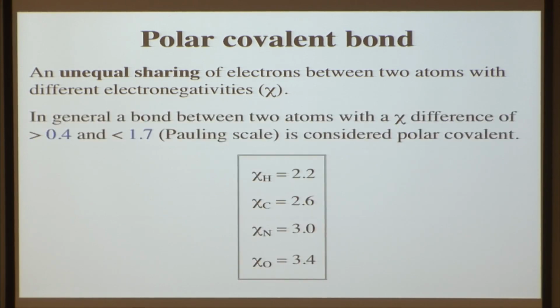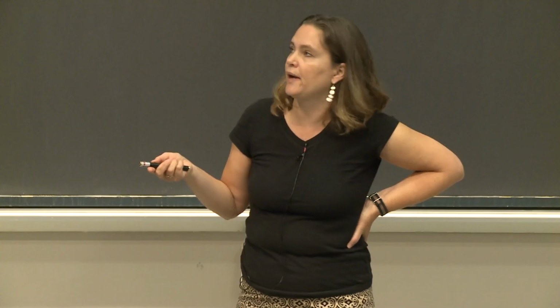So in general, a bond between two atoms is considered a polar covalent bond when the difference in electronegativity between the atoms is greater than 0.4 and less than 1.7. And that's Linus Pauling's scale, and works quite well.